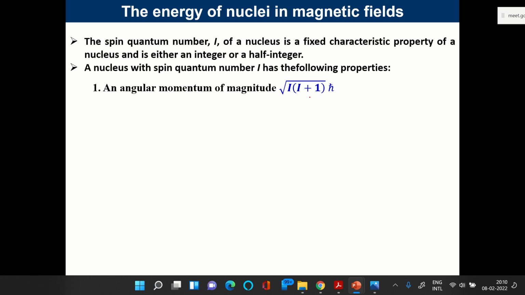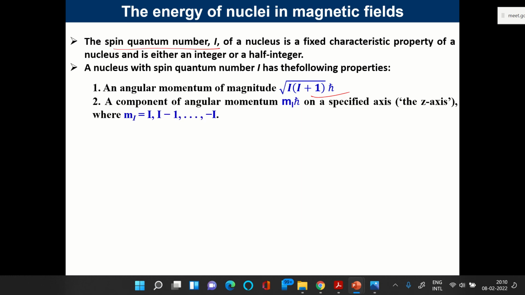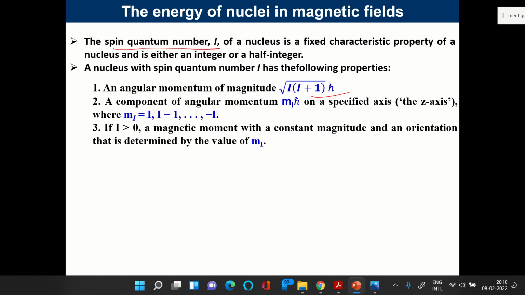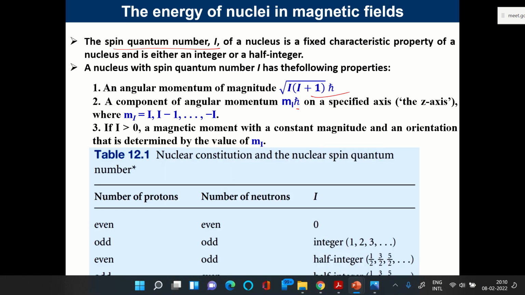Taking the nucleus as one particle, we can define a new spin quantum number I, already discussed in the case of Raman and FTIR. So you know the formalism of I. The component m_I h cross can range from I, I minus 1, to minus I.